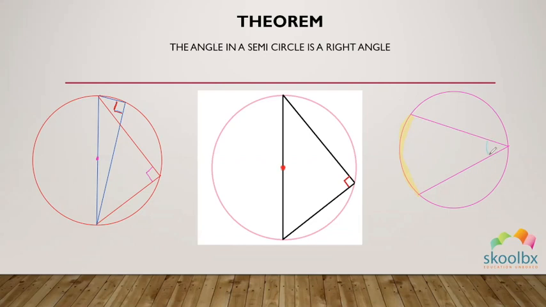Oh, sir, I understood why it's a right angle. So this angle I've made from here, it's some angle. And if I were to draw from the same arc to the center of the circle and make an angle there, Naren, you figured it out, right?